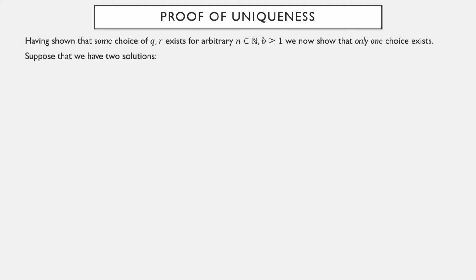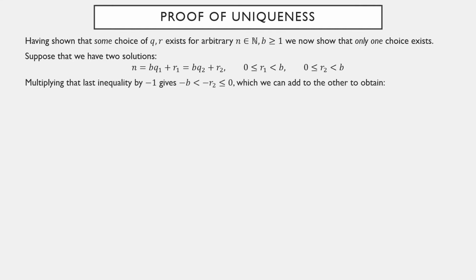Well, suppose there are, in fact, two ways. So I can write n as bq1 plus r1, but I can also write it as bq2 plus r2, where both remainders satisfy the required inequalities. Multiplying the last inequality by minus 1, right here, I have to flip all the inequality directions, and I get negative b is less than minus r2 is less than or equal to 0, which I'm going to add to that one right there.